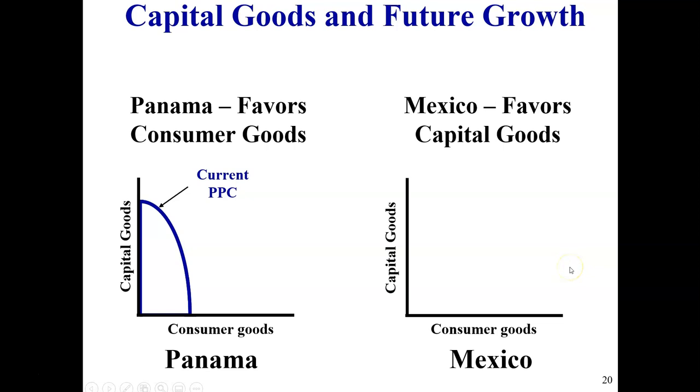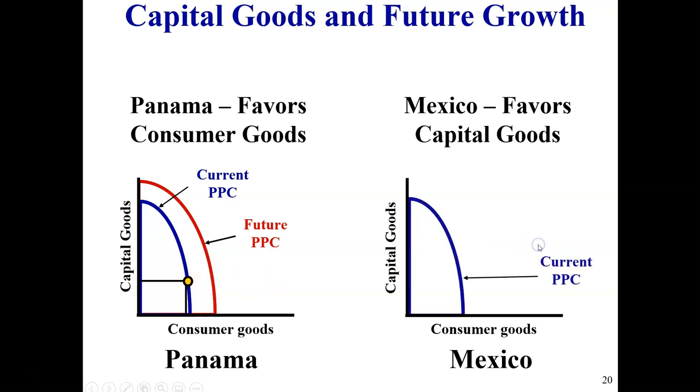Capital goods and future growth. Panama favors consumer goods, things that we would buy. Mexico favors capital goods, so things like different types of equipment. So here's the current PPC, and the future PPC is a lot wider.